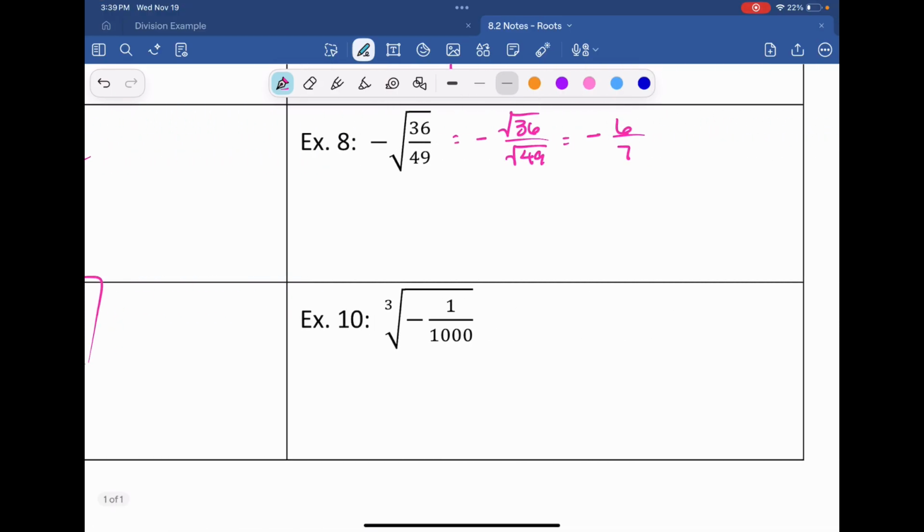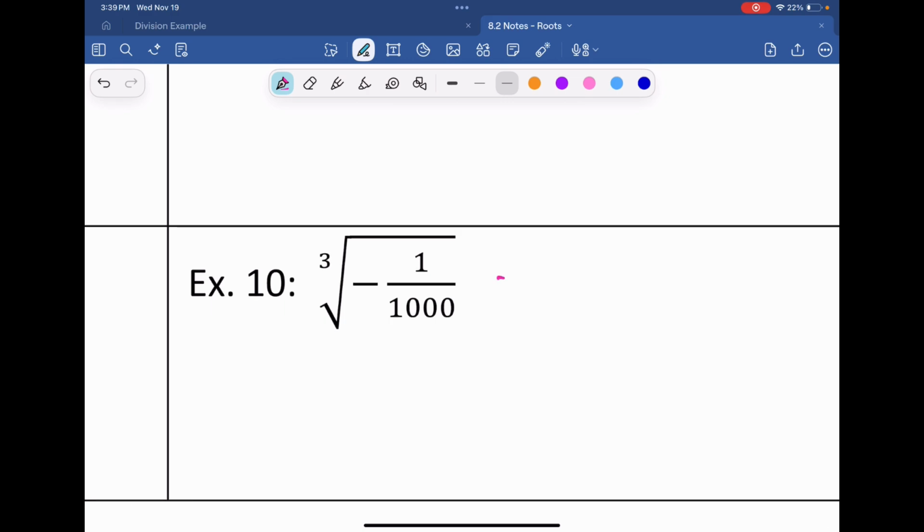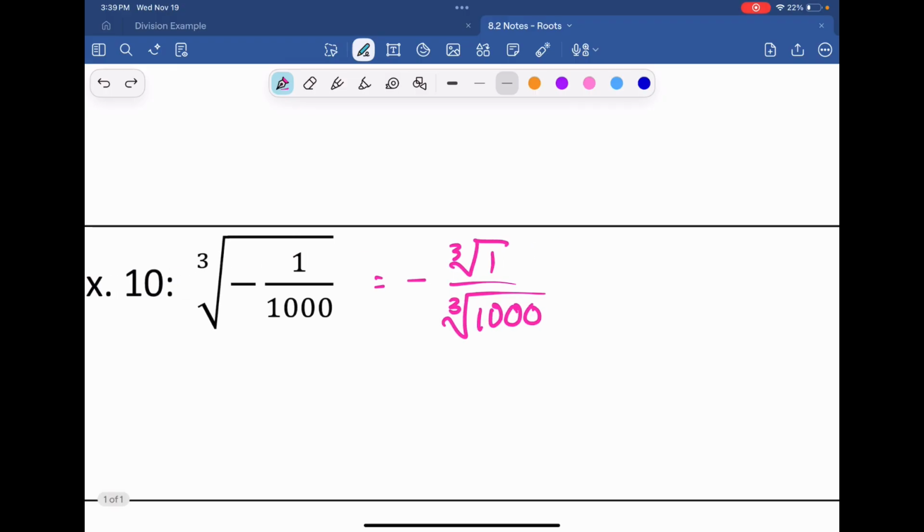And our last one, the cube root of negative 1 over 1,000. The negative just means it's negative. The cube root of 1 over the cube root of 1,000. I can take a cube root of a negative number because it's not an even index. 3 is not an even number. The cube root of 1 is 1, and the cube root of 1,000 is 10.